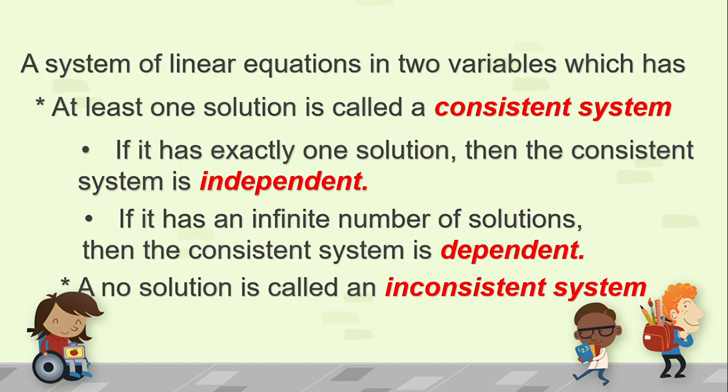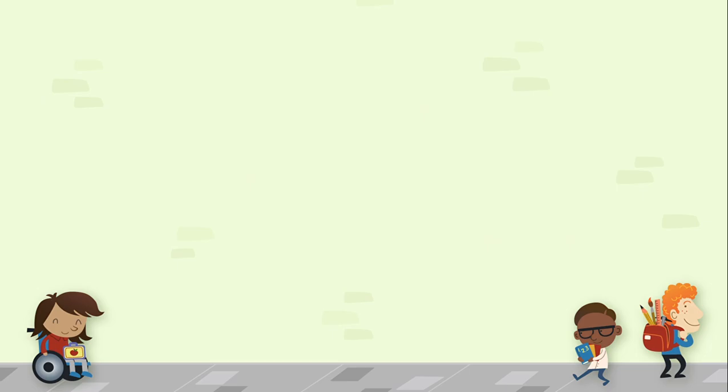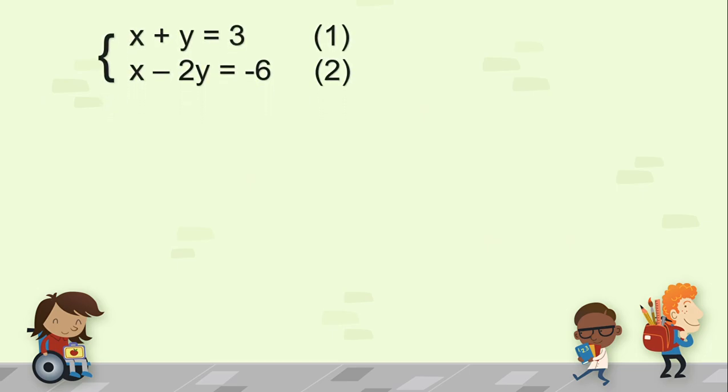Now, let's have an example. Let's graph the system of equations and determine whether or not it is consistent and independent. Let's find the x and y intercepts of each line. From the first equation, if x is equal to 0, then y is equal to 3.